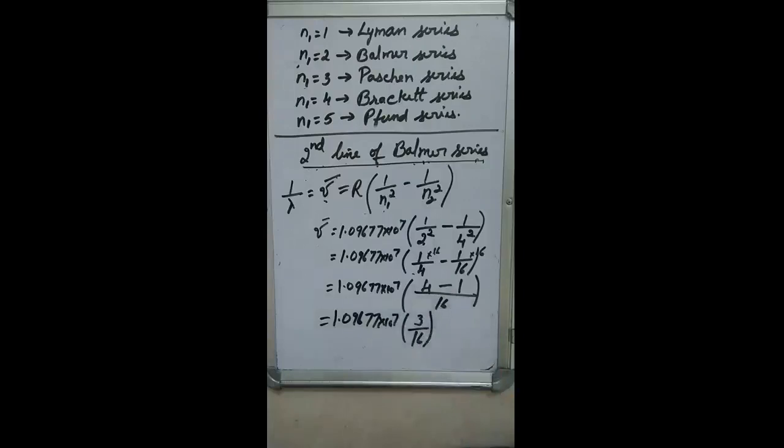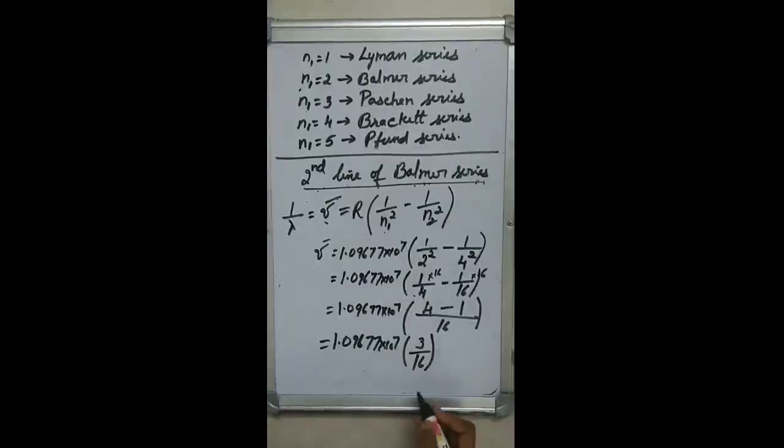So what is the answer you will get? 3 by 16 means, first simplify this, 3 by 16 means your answer is 0.1875 into 10 to the power 7, this I will write as it is, 1.0967. First you have to simplify the number which is present inside the bracket.